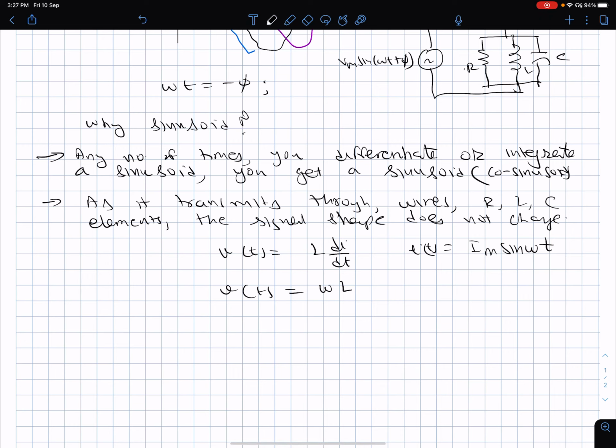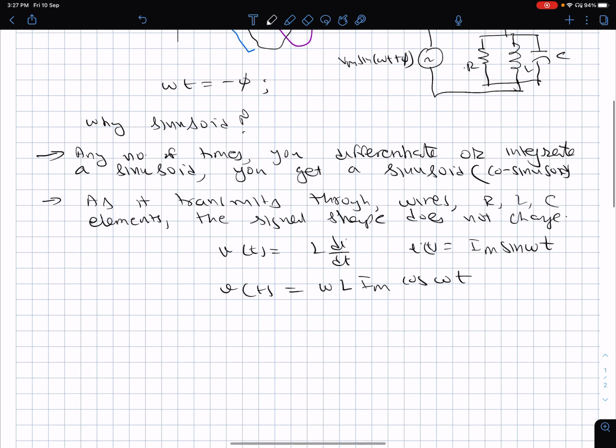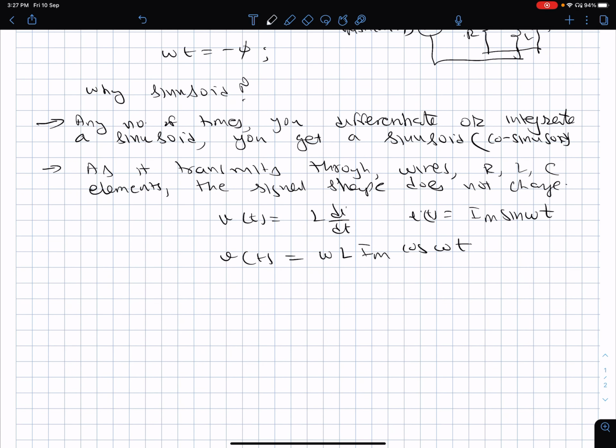It becomes omega L Im cos of omega t. So the signal has been scaled by omega L, which I call inductive reactance.